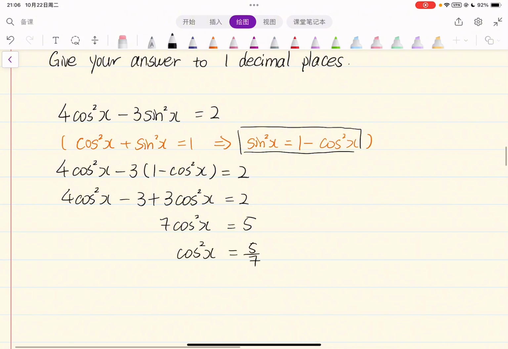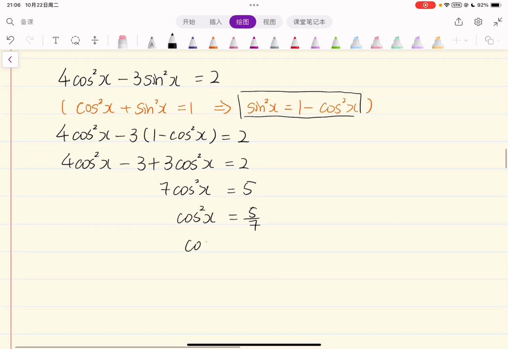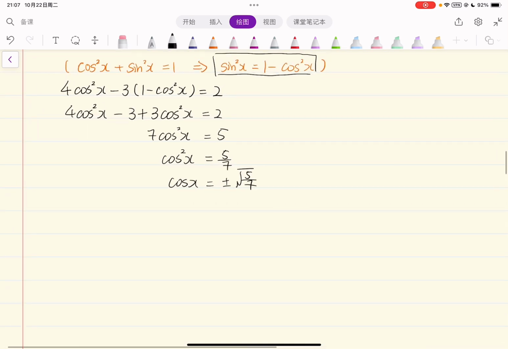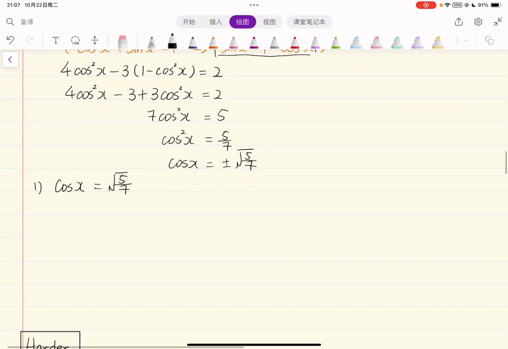So we have cosine x equals plus or minus the square root of 5 over 7. So I have two situations. The first one is that cosine x equals the square root of 5 over 7. And the second condition is that cosine x equals minus the square root of 5 over 7.